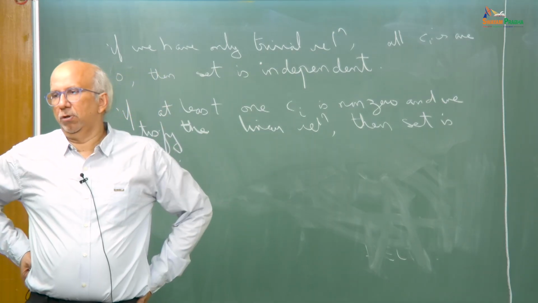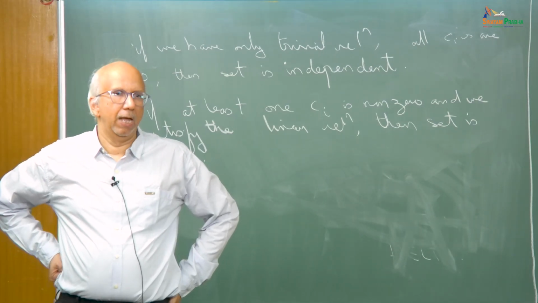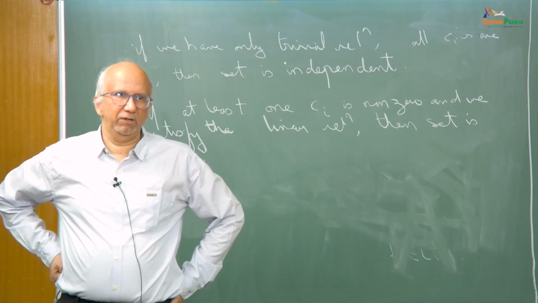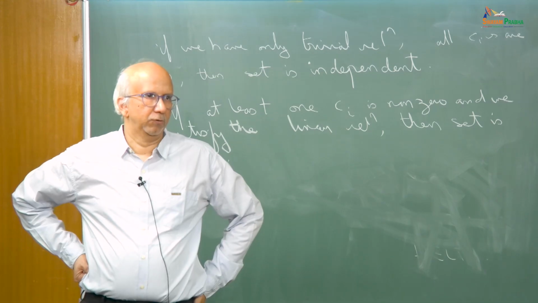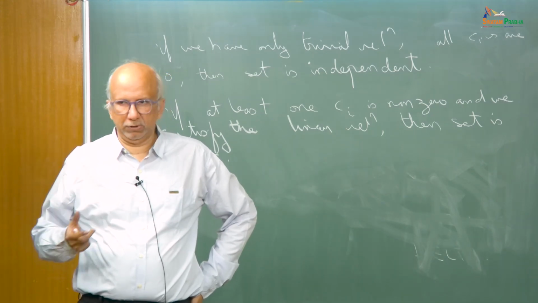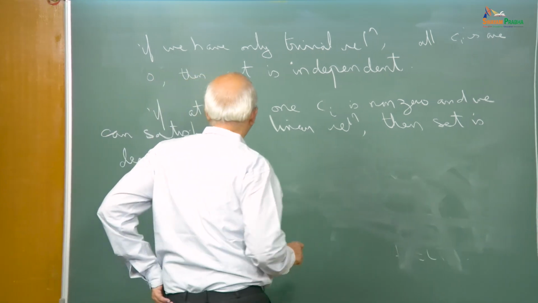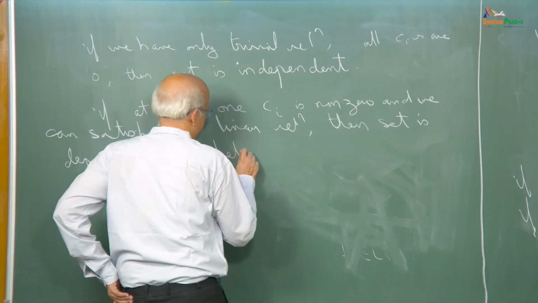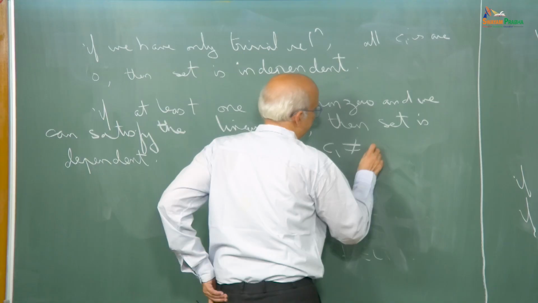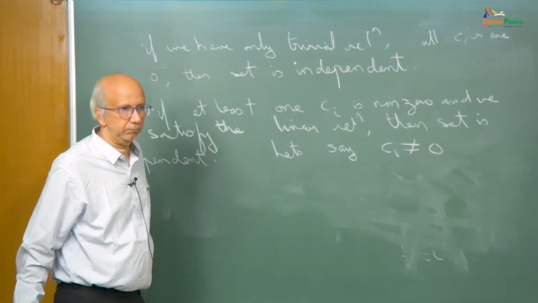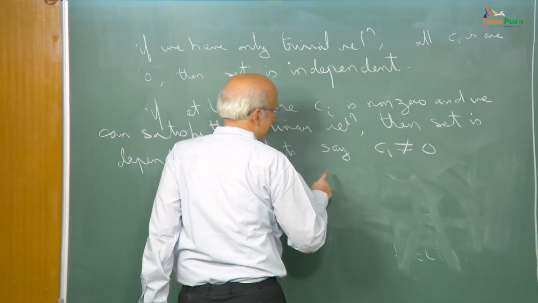There can be more than one, but let us take the simplest case, 1. Even if more than 1 are non-zero, it is also dependent. Just to keep things simple, let us say the first one is non-zero, C1 is not equal to 0.